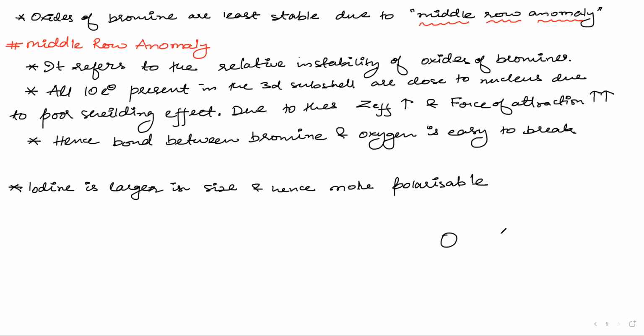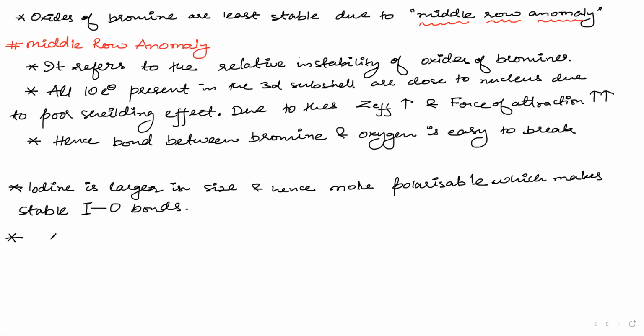That means oxygen can easily pull electrons from iodine because of its larger size. Iodine is less electronegative, so oxygen can pull more electrons from iodine and easily form bonds, and those bonds will be more stable. So more polarizable, which makes stable iodine-oxygen bonds.